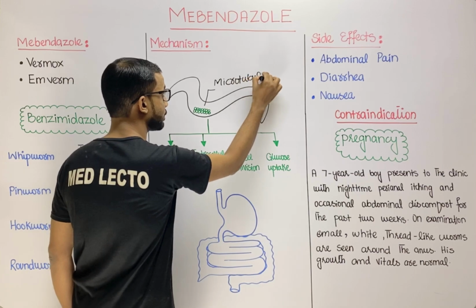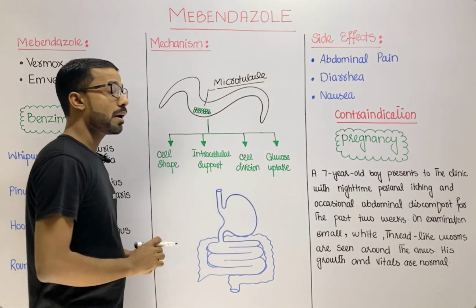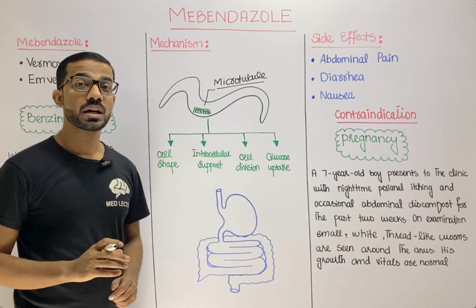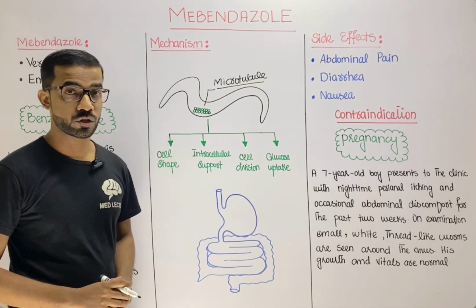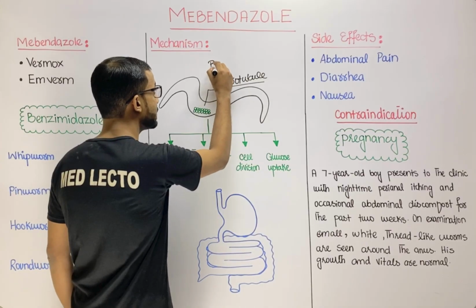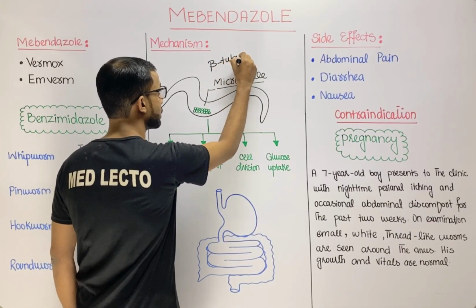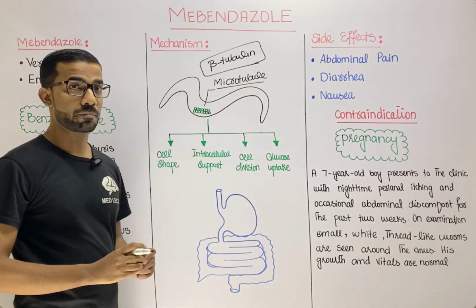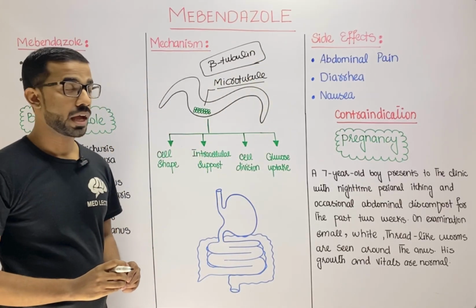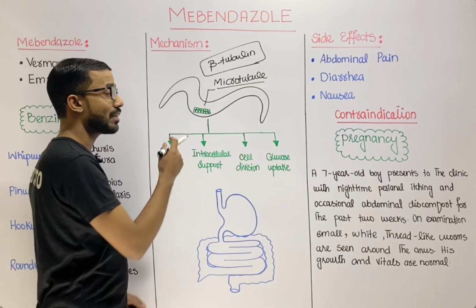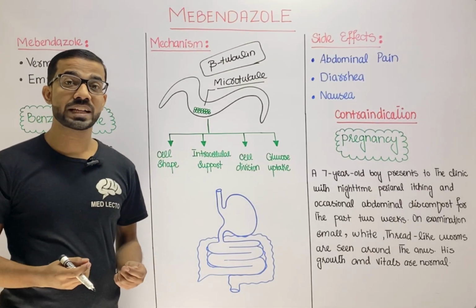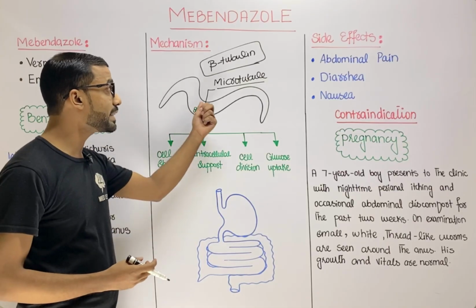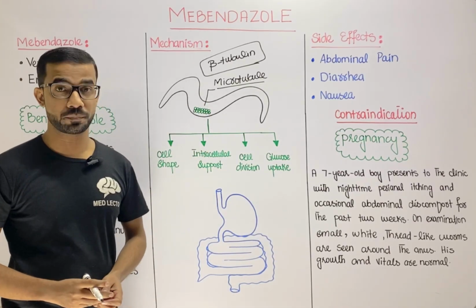Mebendazole attacks the beta subunit of the microtubule, that is beta tubulin. It's actually a protein that makes microtubules. When someone takes mebendazole, it binds with the beta tubulin of the microtubules.